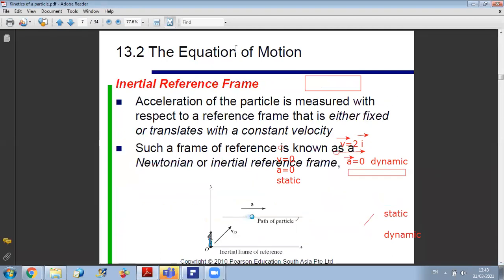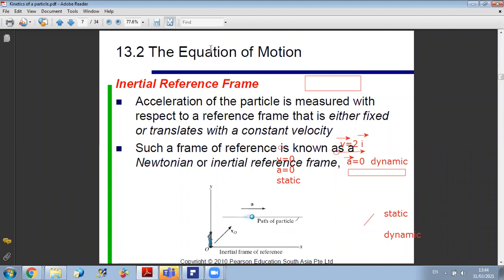Now, concerning inertial and non-inertial frames. When we talk about an inertial reference frame, it means that the frame is fixed or moving with constant velocity. The acceleration of the particle is measured with respect to a reference frame that is either fixed or translates with a constant velocity.